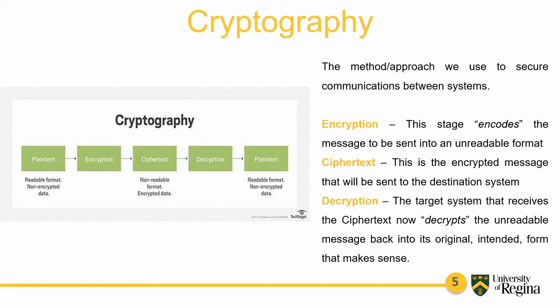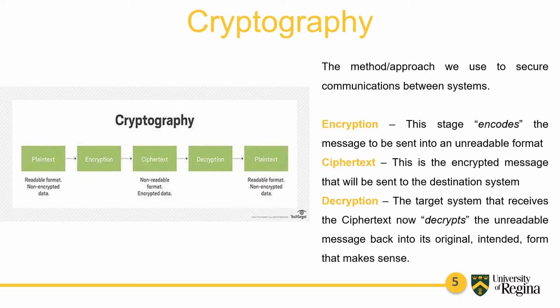Encryption. As a sender, we have some sort of message that we want to send, but we also want to make sure that no one can tamper with the message and it reaches safely to its destination. Thus, we convert our meaningful message into something that is unreadable and doesn't make any sense at all to others.